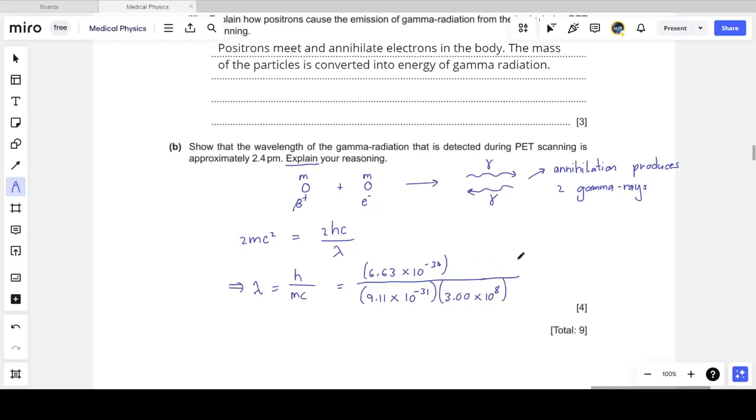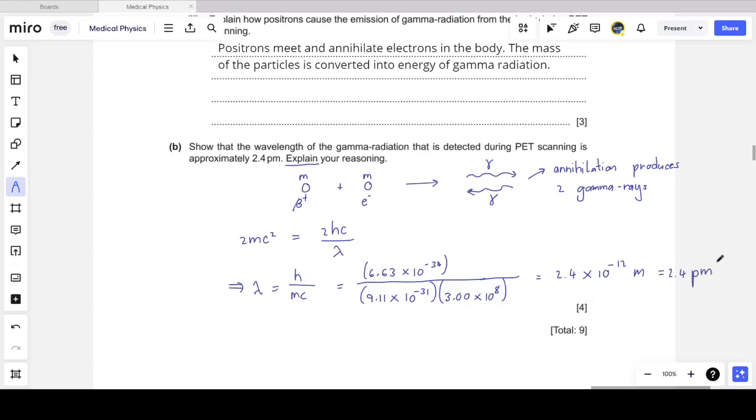And so if I calculate this, I get what the question required of us, 2.4 times 10 to the minus 12 meters, which we know to be 2.4 picometers. So pico is 10 to the minus 12.